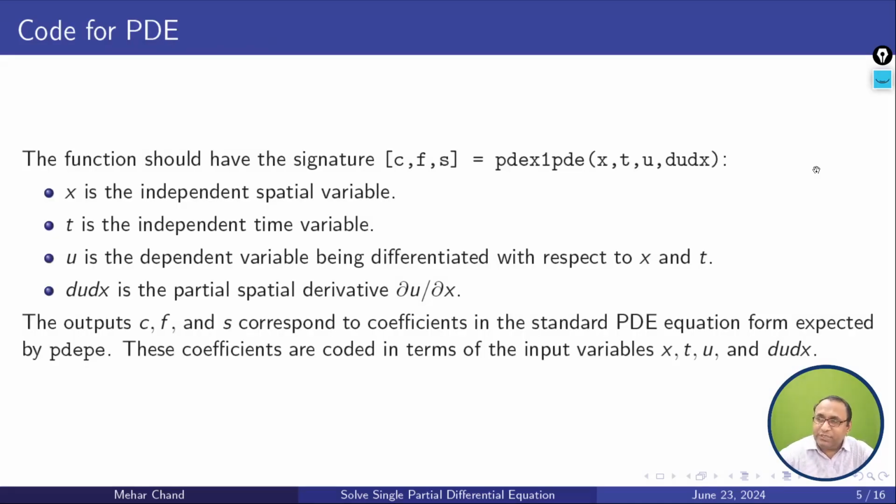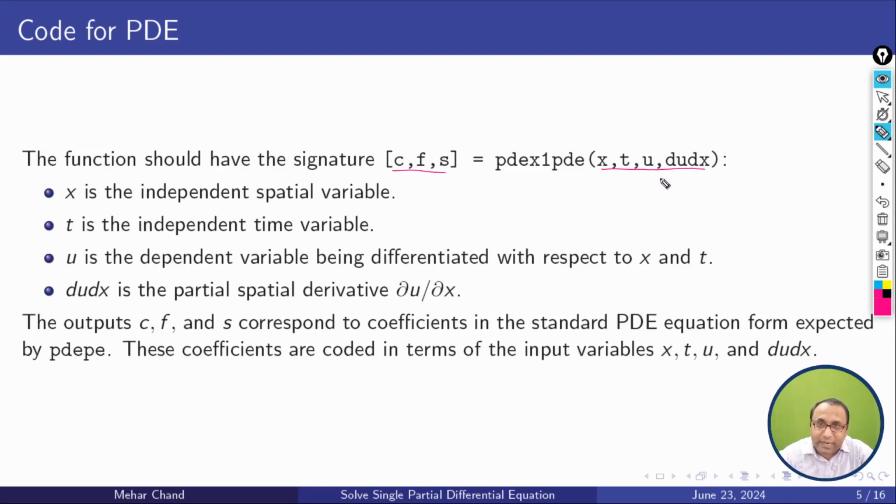After that we need MATLAB code to implement this and find the solution of the given partial differential equation with the initial and boundary conditions. First we need the signature for the partial differential equation. As we just discussed, these are the input arguments for the given differential equation, which are the coefficients of the PDE, and all of these depend upon x, t, u, du upon dx.